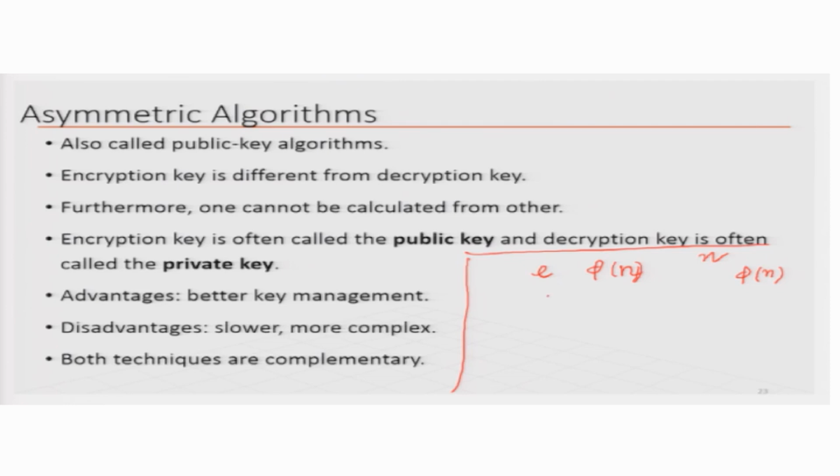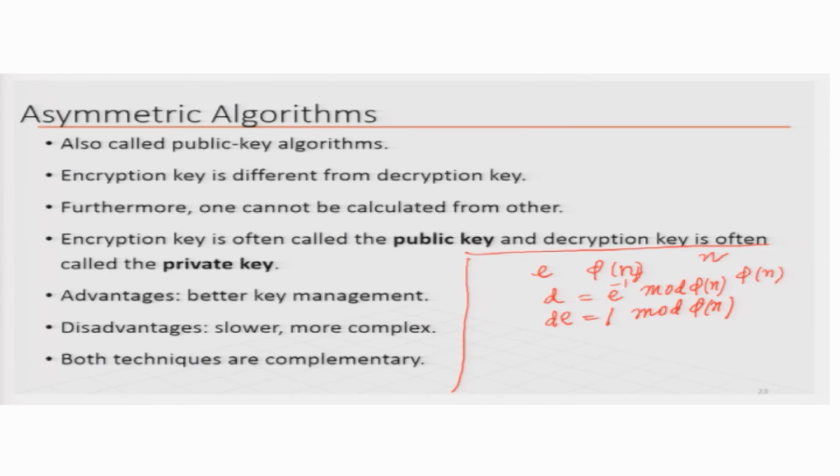Then you compute d, and d is the multiplicative inverse of e. In other words, d times e is equal to 1 modulo phi n. If you do not understand modular arithmetic, that is fine, we are just giving you this information.